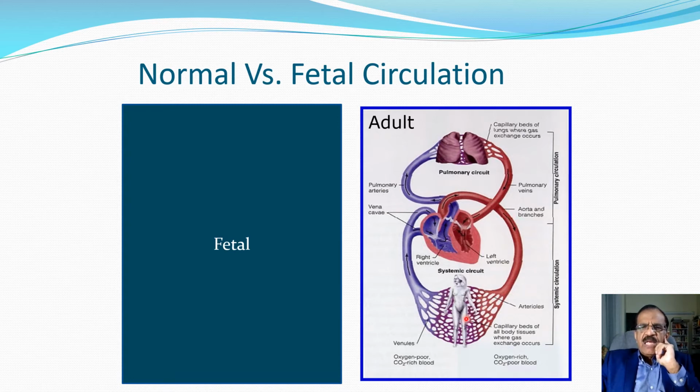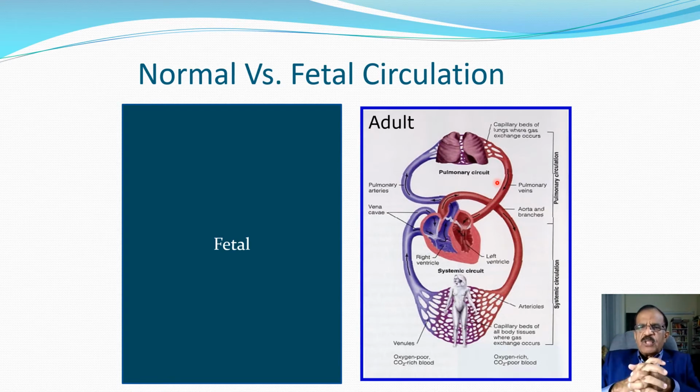And then it gets deoxygenated, becomes blue, and is brought back through the inferior vena cava and superior vena cava to the right atrium, and then to the right ventricle. Then through the pulmonary artery, it goes to the lungs for oxygenation again. Please note that these two circulations, left-sided and right-sided, are in series.